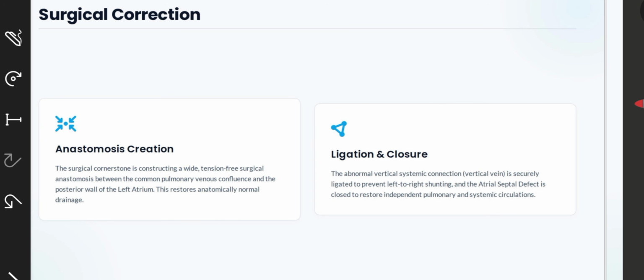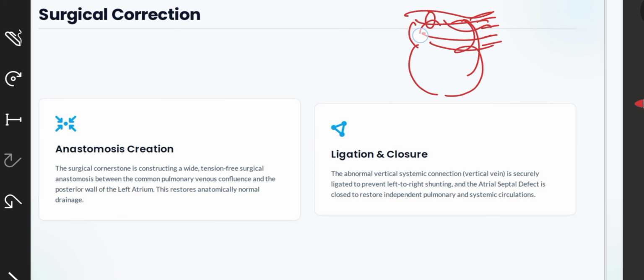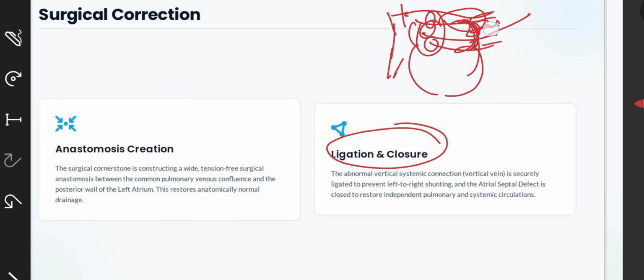The operation of choice is that we cut or ligate all 4 pulmonary veins and attach them to the left atrium. We ligate all 4 pulmonary veins and cut them from either the IVC or SVC, and then they drain into the left atrium, and we also close the ASD. So this is the treatment of choice.